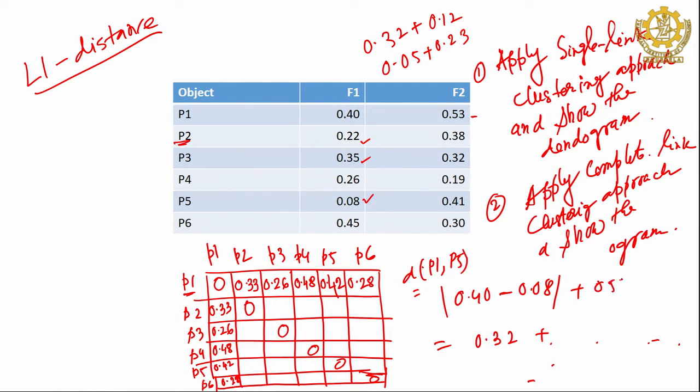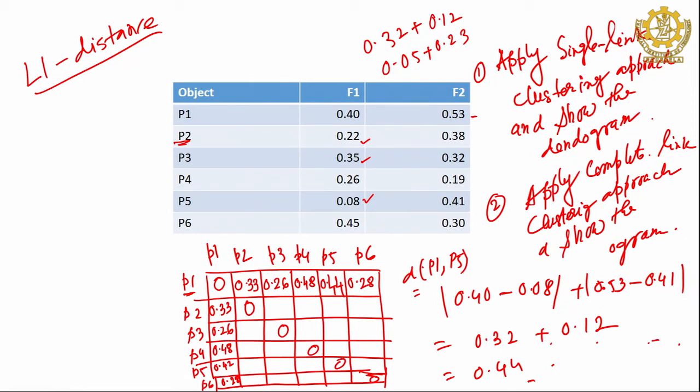Then 0.53 minus 0.41. So, this is 0.12. So, this is 0.44. Okay, right.